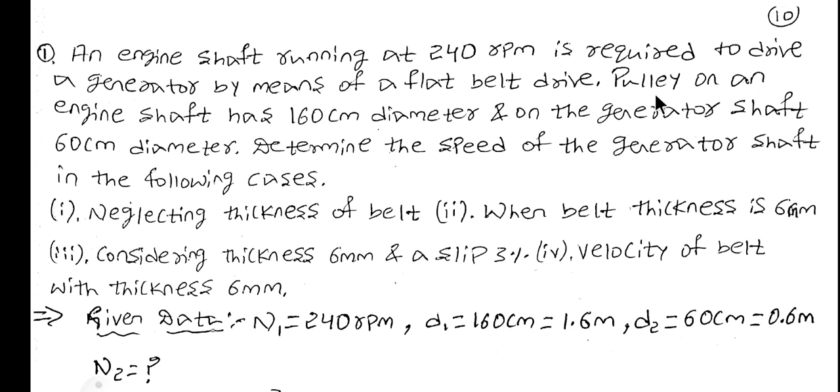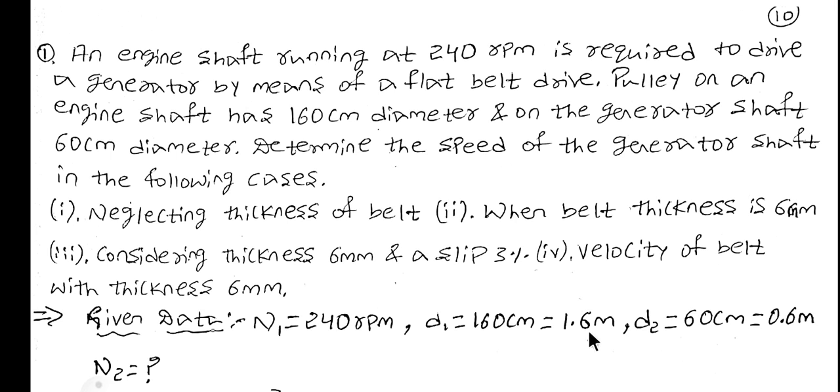The pulley on the engine shaft has a 160 centimeter diameter. He has given the dimensions of the pulley on the engine shaft. Engine shaft means this is the driver. The diameter of the driver is given: D1 is equal to 160 centimeter.